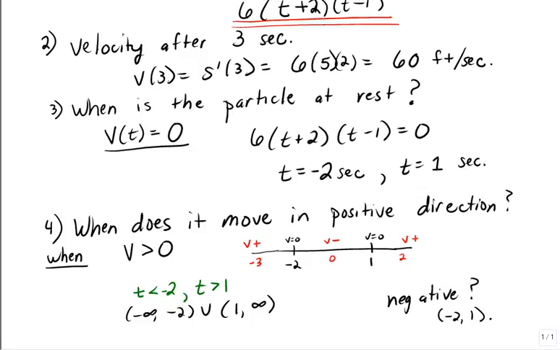So let's draw a picture of this. When t equals 0, the position of the particle is at 0. So we start here at 0, 0.